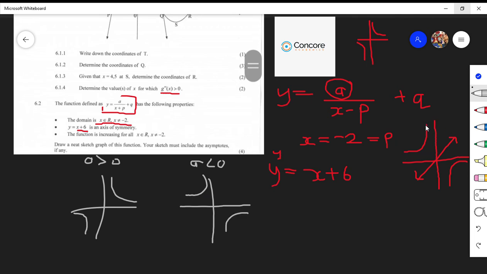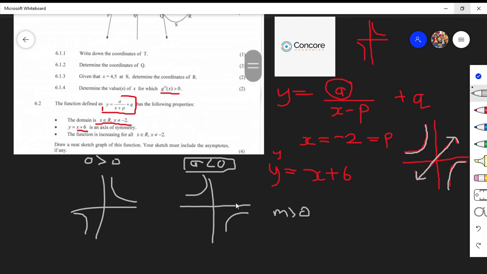So can you see what we did was second and fourth quadrant, which means it has a negative value of a. But can you see the axis of symmetry? It's a positive gradient, right? It has a positive gradient of m greater than 0.